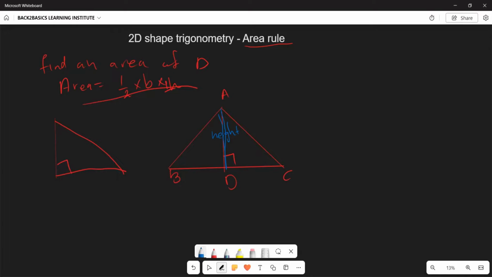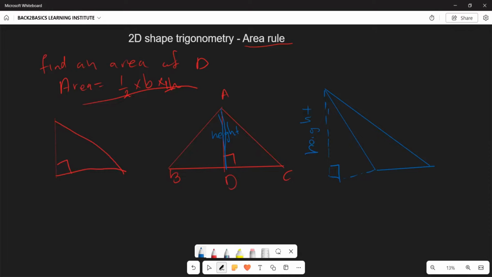Even if you are given a triangle like this one, let me draw it nicely. In cases where you are given a triangle like this, we construct what we call your perpendicular height, H, and you then use this as your height.